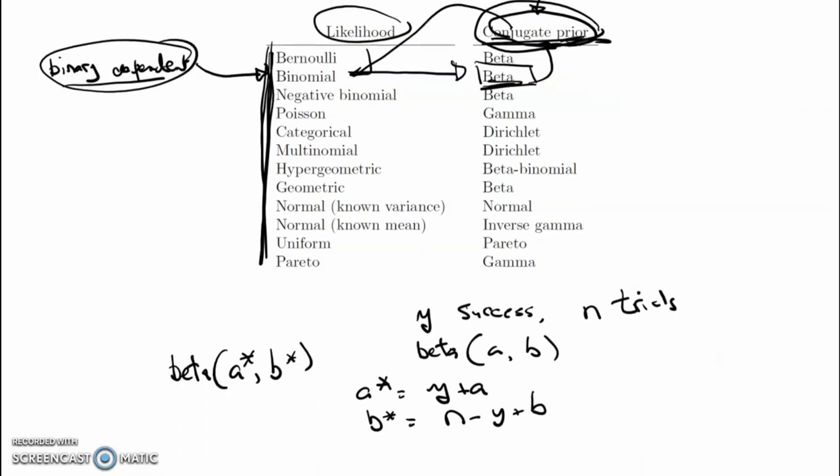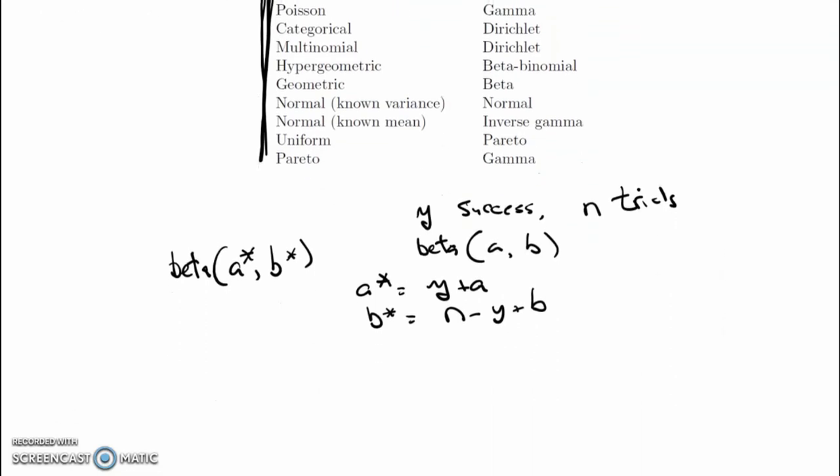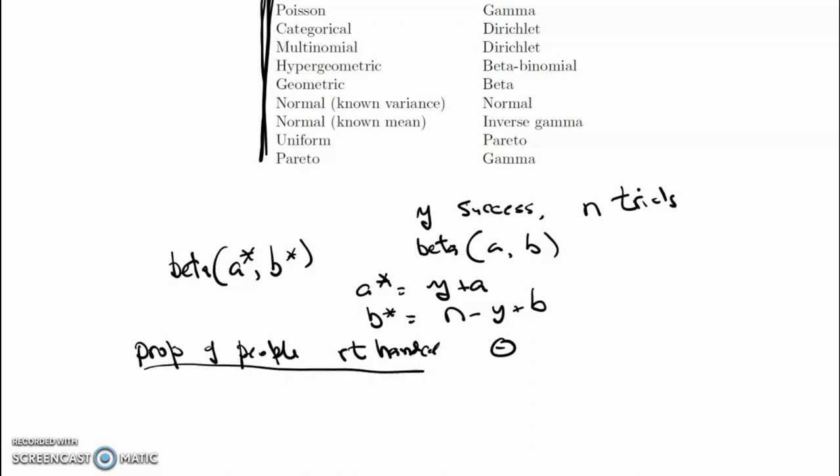So let's go through an example. What I'm interested in is the proportion of the people who are right-handed, and I can represent that as theta. Defined in this way, theta is also going to be the probability that a randomly selected person will be right-handed.